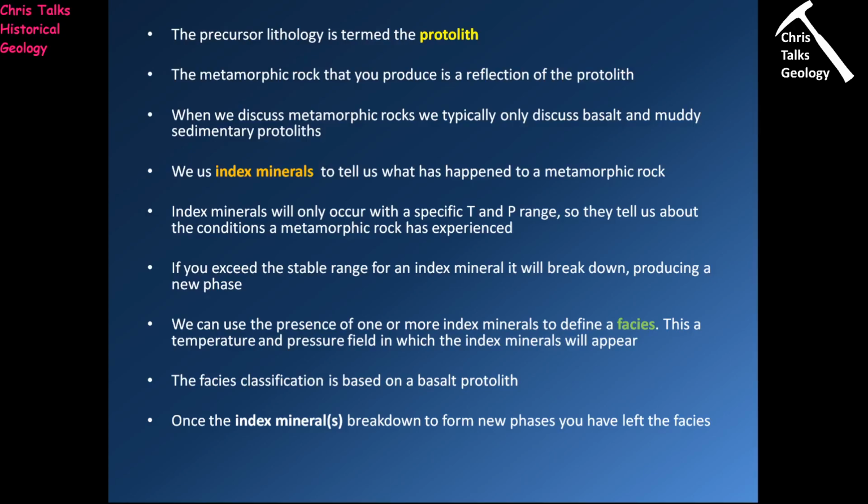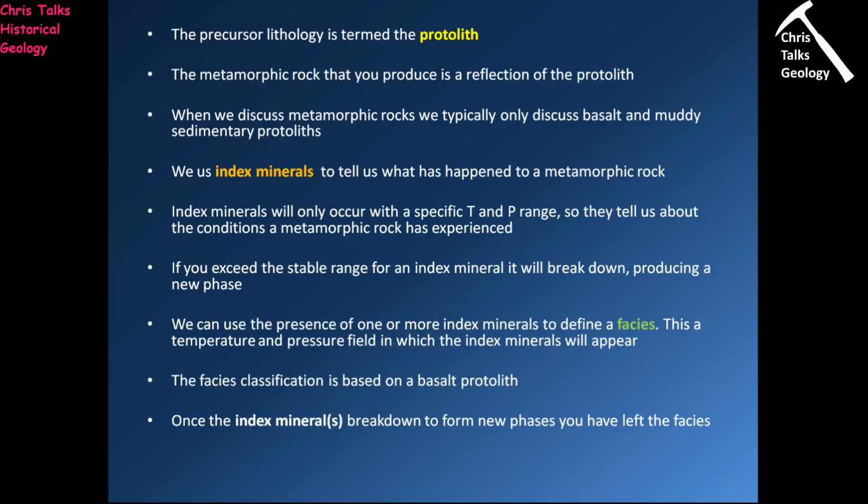Now, not all minerals will be index minerals. Something like quartz or feldspar, well, they're in nearly every single metamorphic rock out there. So when it really comes down to it, they're completely useless as index minerals. They're present under a whole range of temperatures and pressures, and a whole different variety of protoliths. So they're not going to tell us anything.